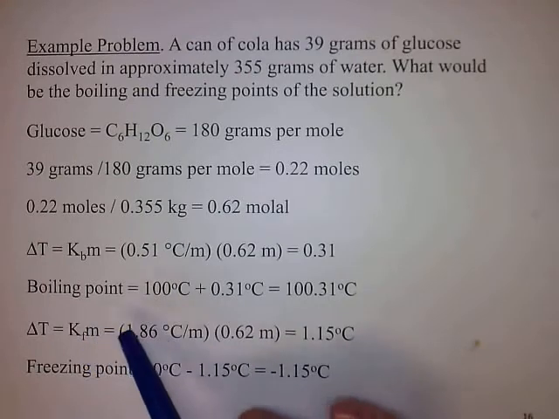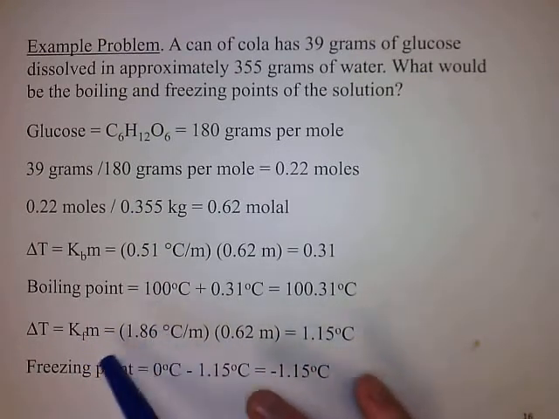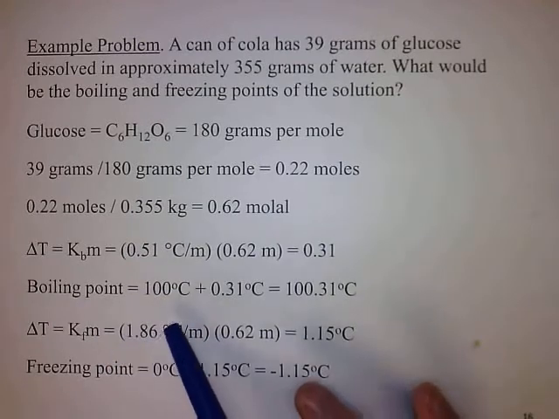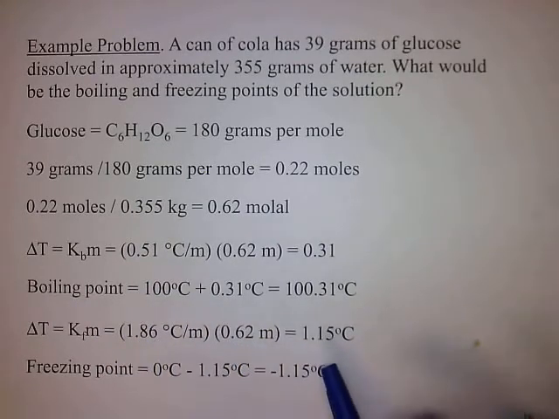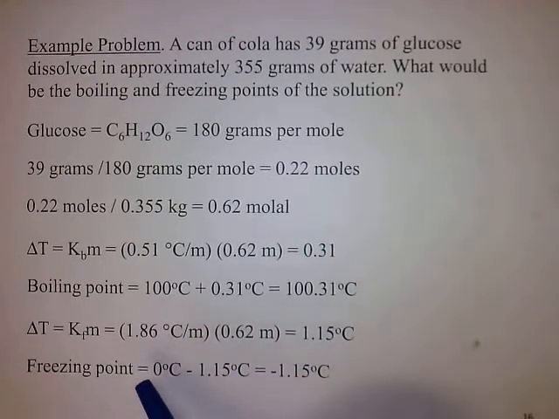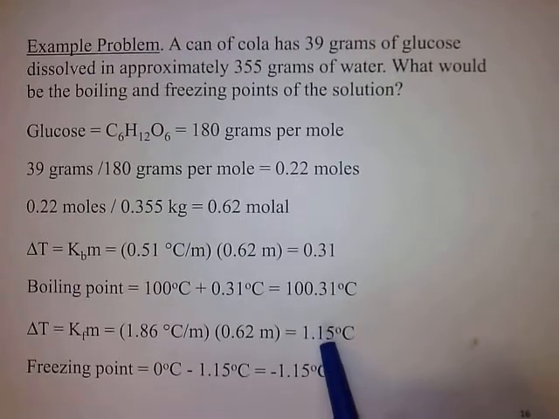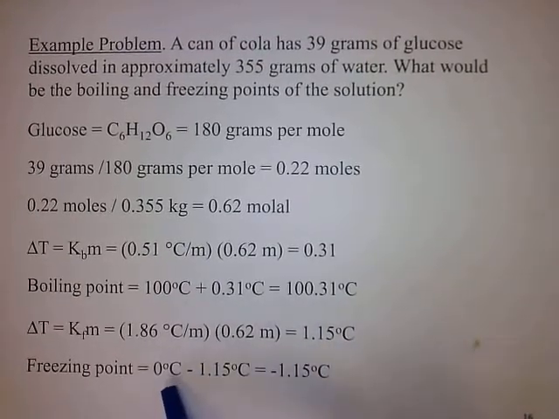We'll look at our freezing point, the same thing, except it's 1.86. The freezing point depression constant is different. It's 1.86 times 0.62, which is 1.15 degrees Celsius. So what's our freezing point? It's 1.15 degrees below the normal freezing point, which is 0.